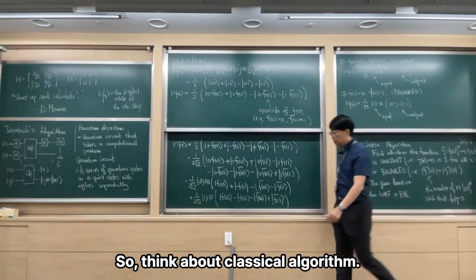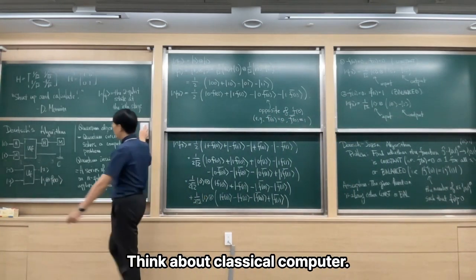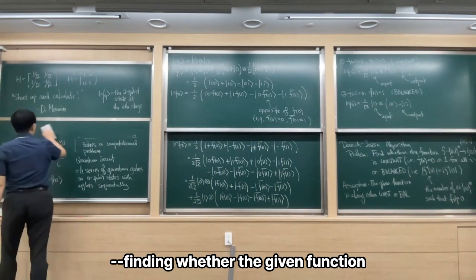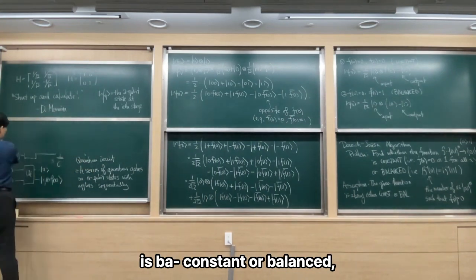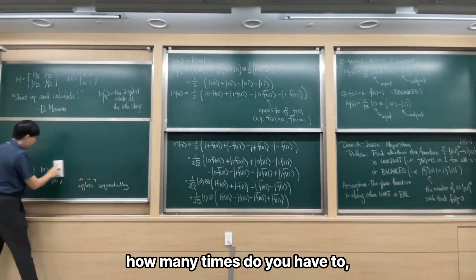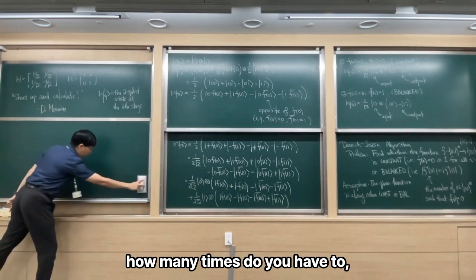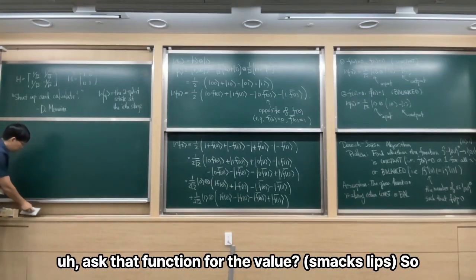So think about a classical algorithm. Think about a classical computer finding whether the given function is constant or balanced. How many times do you have to ask that function for the value?